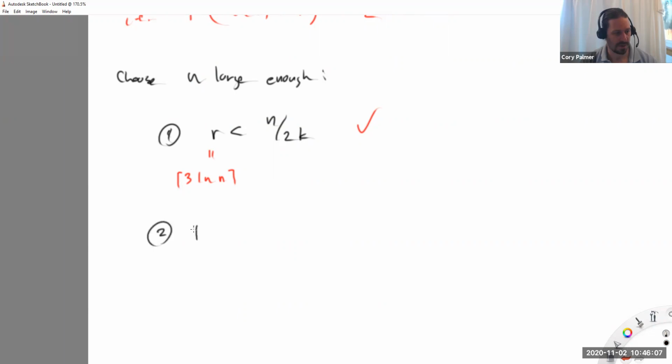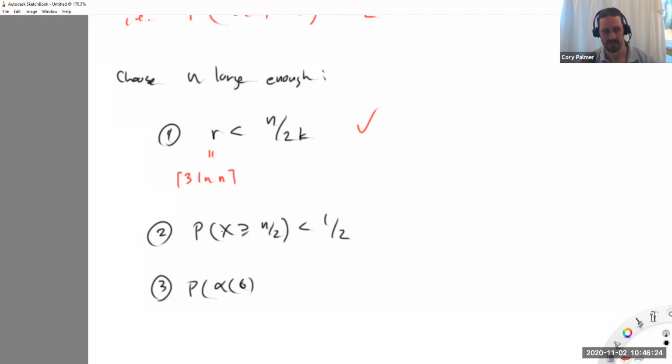The second one is we can guarantee that the probability x, this was the number of short cycles, being greater than or equal to n over 2, has probability less than 1/2. And we can guarantee that the probability that the independence number of the graph that I'm picking, so this x is a property of G as well, greater than or equal to r, is also less than 1/2. Okay.